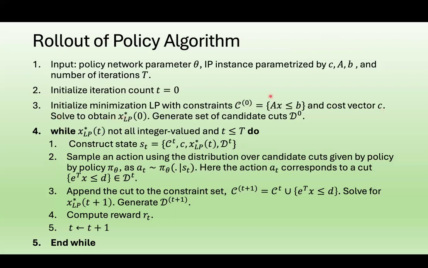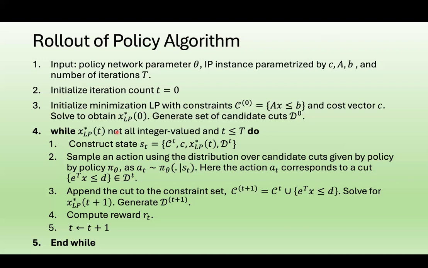We solve this LP in the relaxed form to get x_LP star 0 and generate a set of candidate Gomory cuts D_0. Now we'll run a while loop. The condition for running this while loop has two parts. The first one, which we all know, is that if all the decision variables of the LP solved at the t-th iteration are not integral, then the loop has to go on.